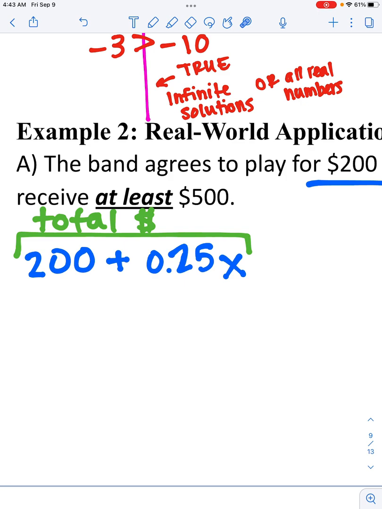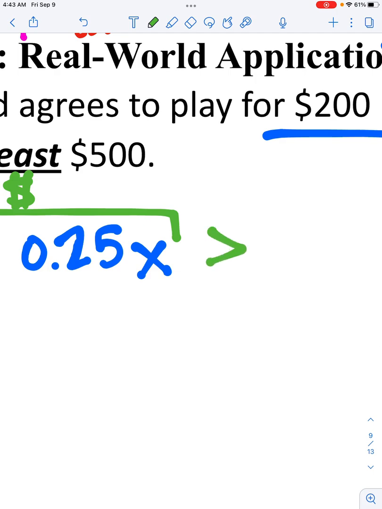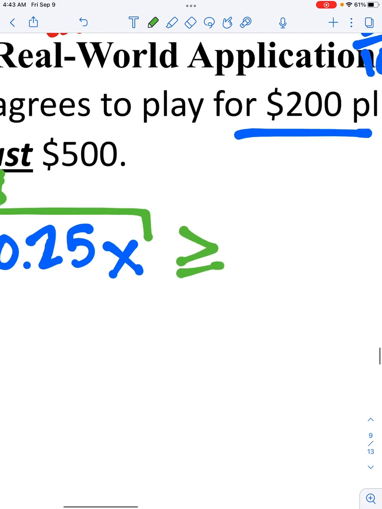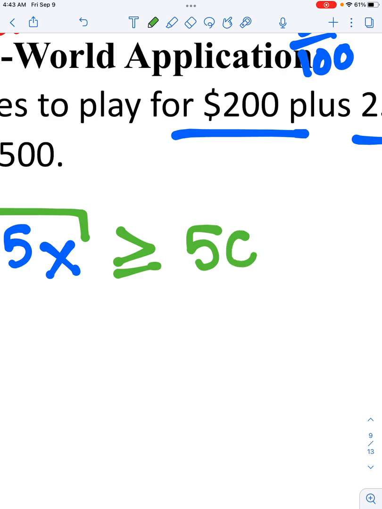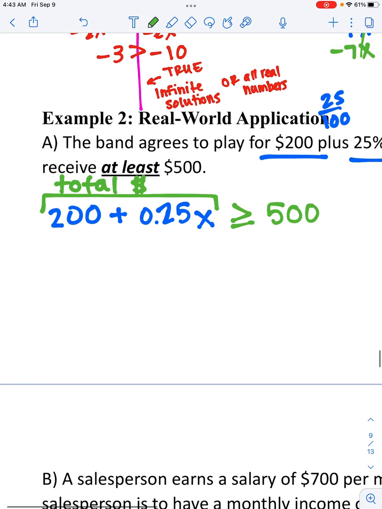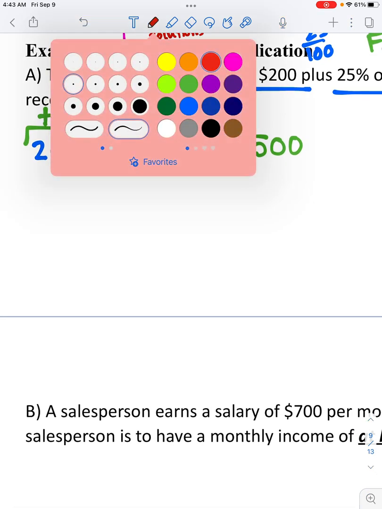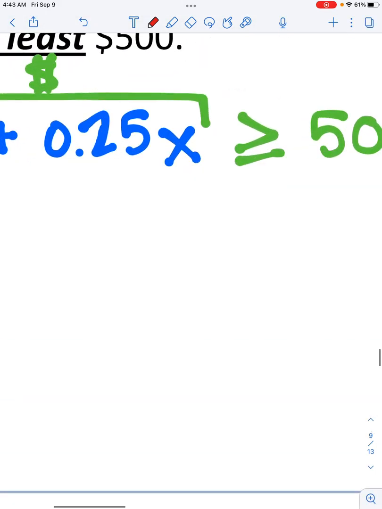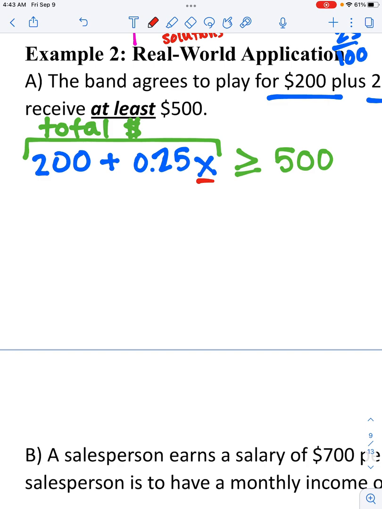So we can use that kind of reasoning to say the total money they're going to make needs to be greater than or equal to $500, so they could make exactly $500.